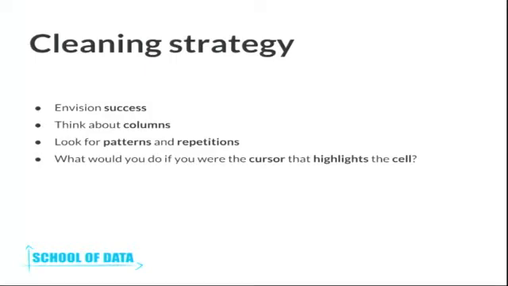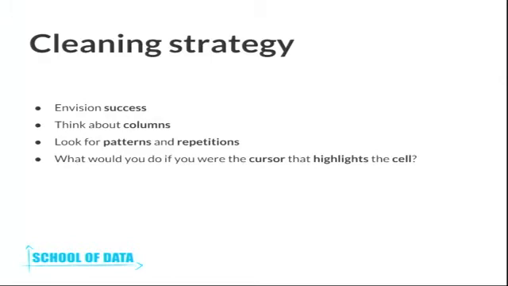Before we get into coding, we have to design a cleaning strategy. And this is the important bit of this session today. It's not really about learning the Python part, but thinking about the strategy that you're going to use for cleaning on any file, right? On any situation where you might want to do that. The first thing you have to do is to envision success.